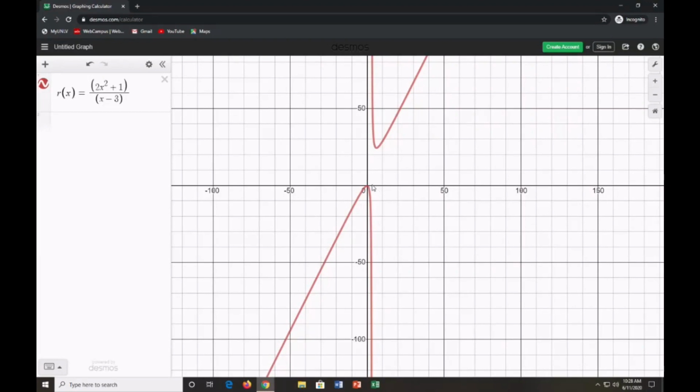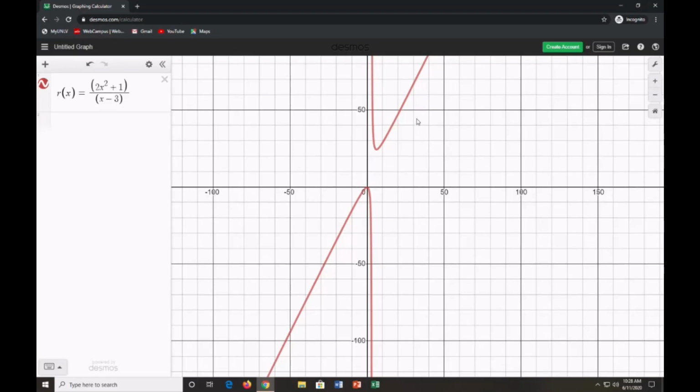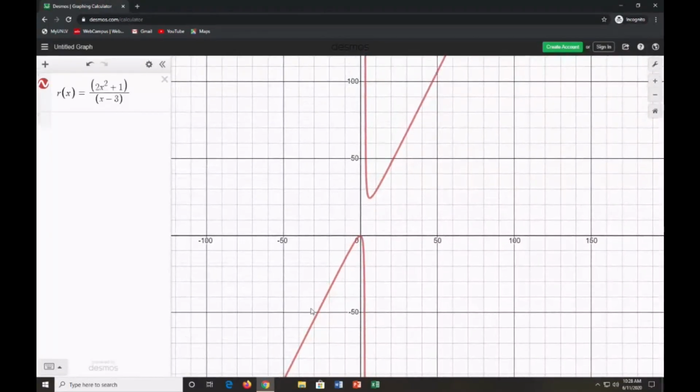So you might be wondering, well, how do we know where that slant asymptote is? Well, that slant asymptote has an equation because it's going to be a linear, or straight, line, right? It's going to be a straight line going in between these two pieces.